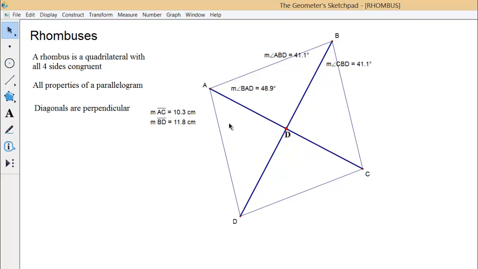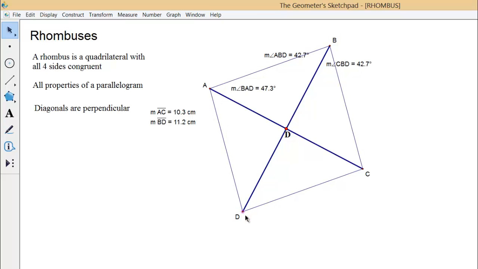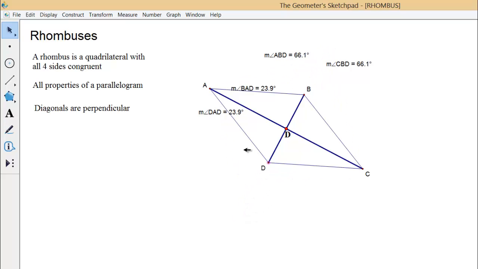This angle. That's this angle. So I can get rid of these now. Alright, thank you. Let's change our rhombus.